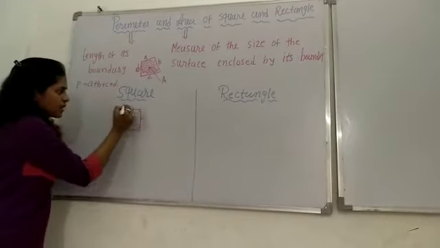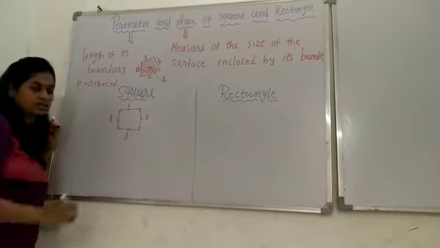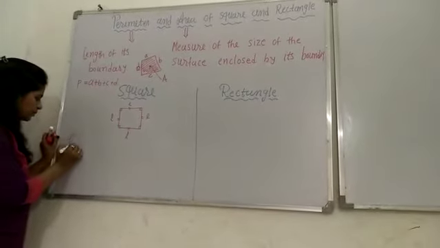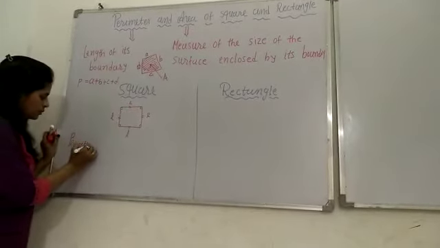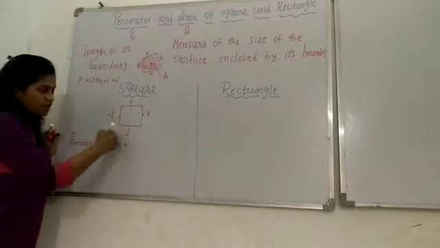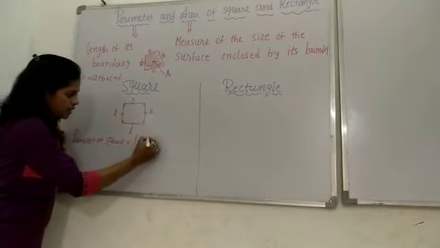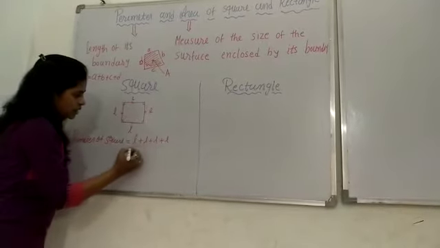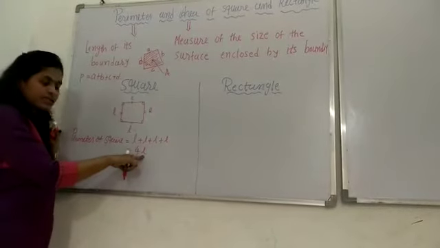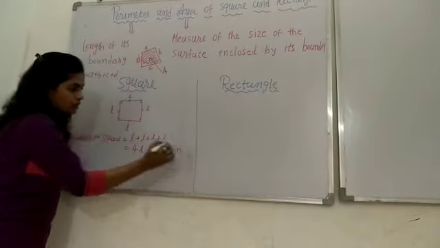That means the measurement of this is L, so this is also L, this is also L and this is also L. So what is the perimeter of a square? The perimeter of a square is the sum of its sides. L plus L plus L plus L. So this becomes 4 times L and its unit is a length unit, either centimeter or meter.